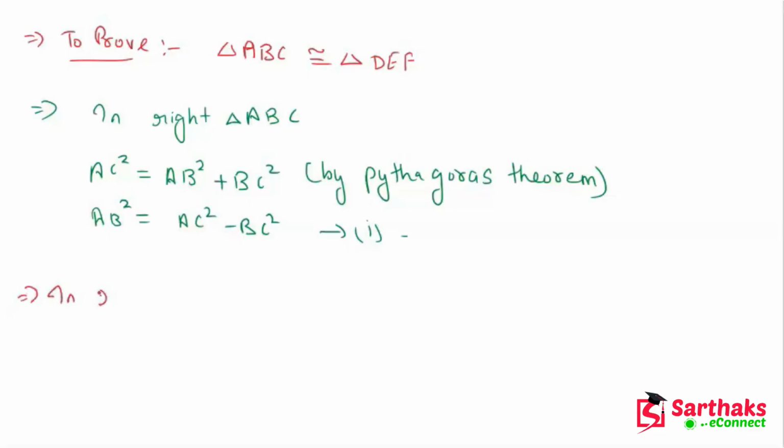Now in right triangle DEF, again by the Pythagoras theorem we can write DF square is equal to DE square plus EF square.